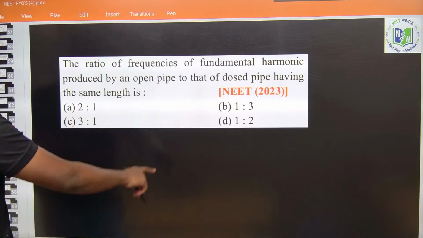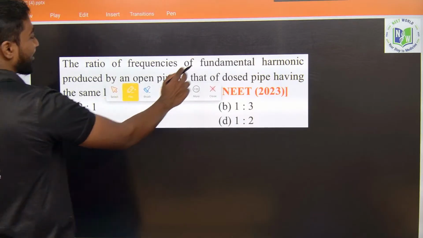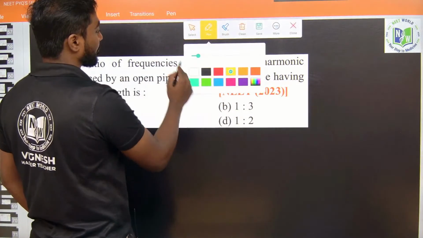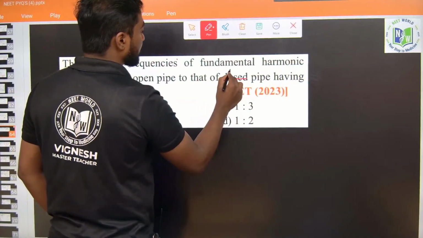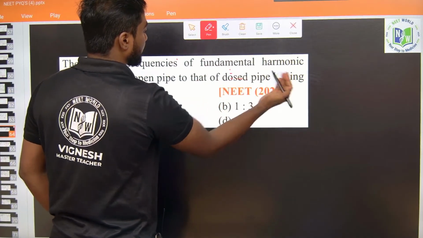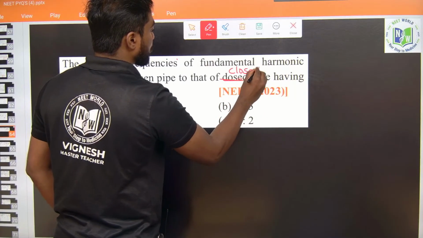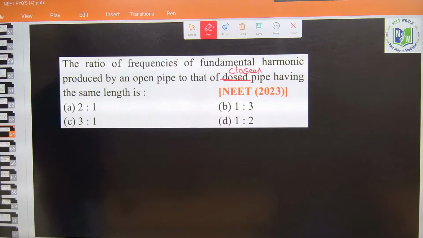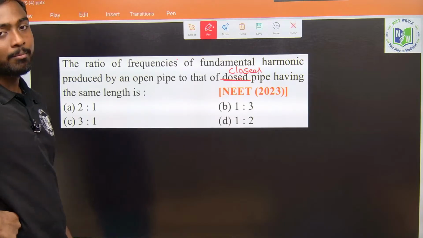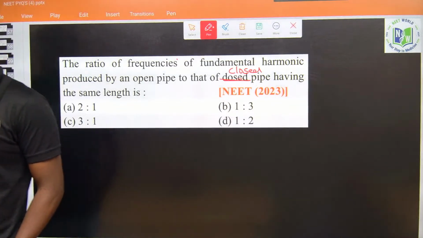It's not a dosed pipe, it's a closed pipe, okay? Spelling mistake. This is a closed pipe having the same length. So I need to find the frequencies ratio here now. Length is the same.